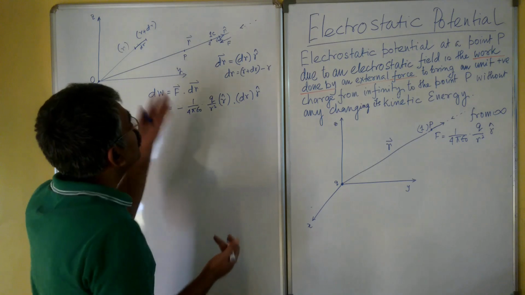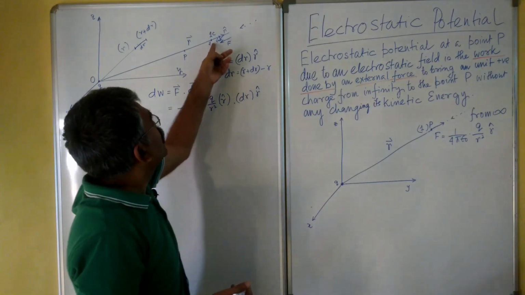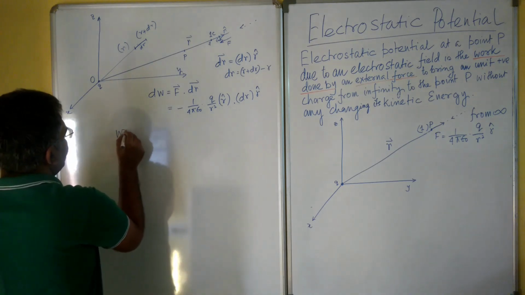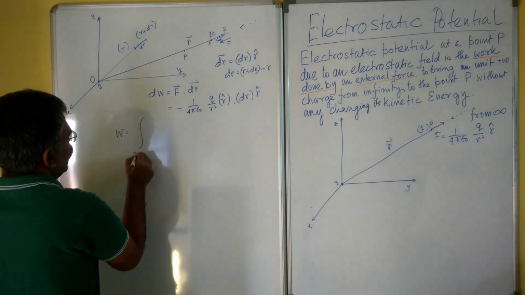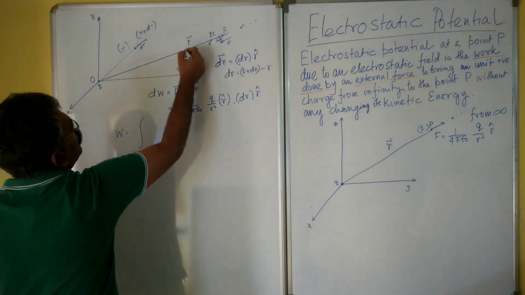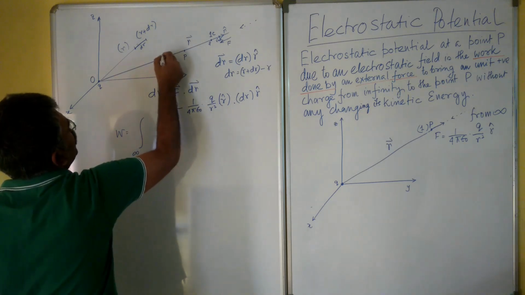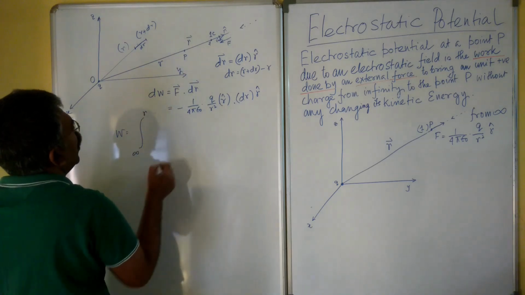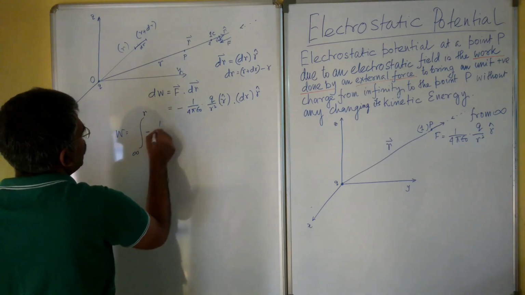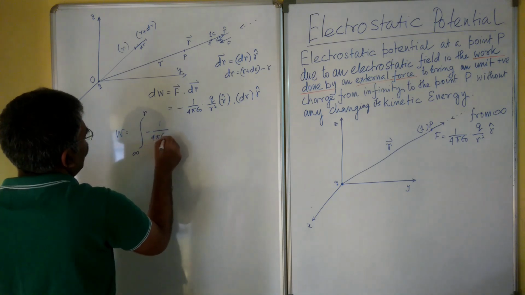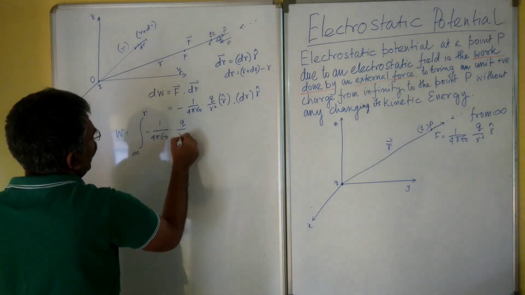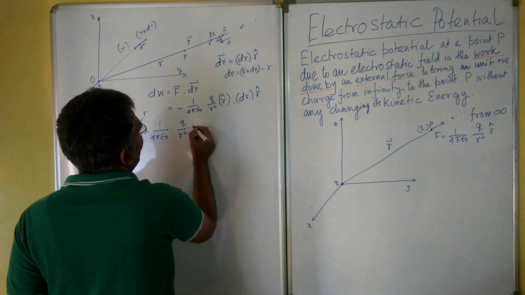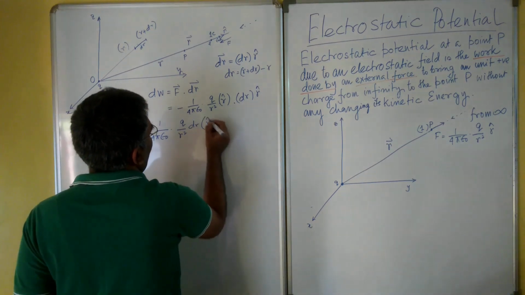So what's the work done to bring it from infinity to this point? You have to integrate. W is equal to the integral from infinity to r of minus 1 by 4 pi epsilon 0, q by r square, dr times r cap dot r cap.